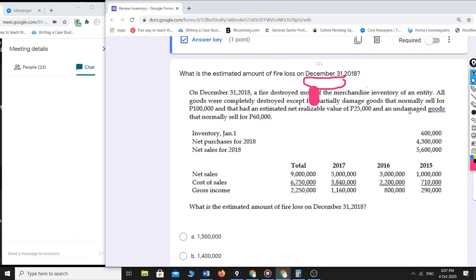For this one, same concept but the gross profit rate was not given. So, it's your job to compute. Whether you use 2017, 2016, 2015, what we will use, guys, is the total. Okay? Always the total. So, the total is 2,250,000. In order for us to compute this, 2,250 divided by 9 million, we have 25%.